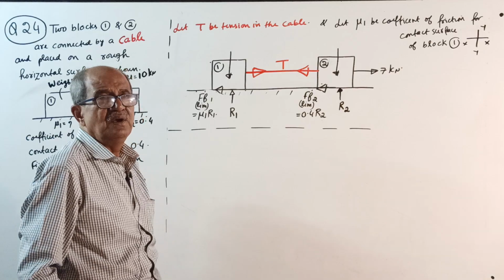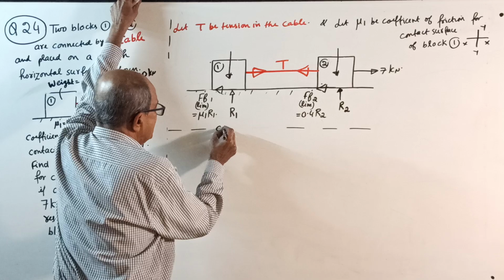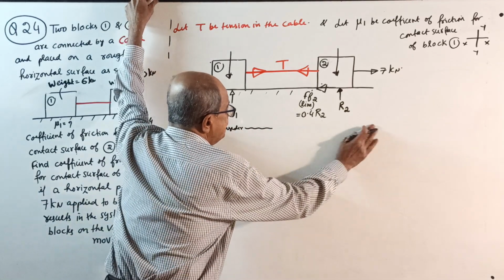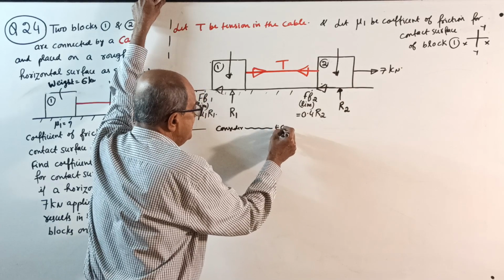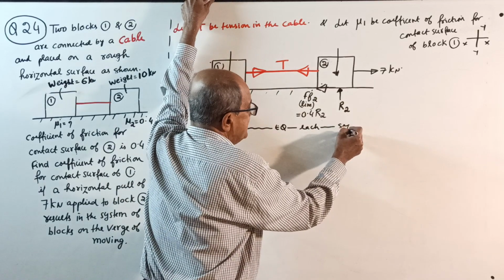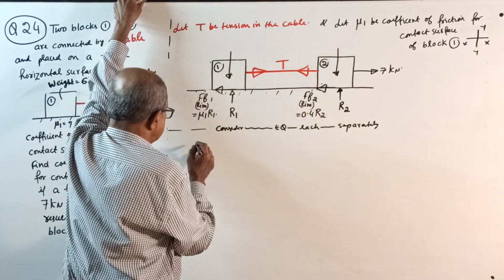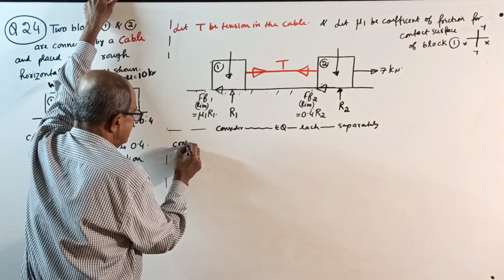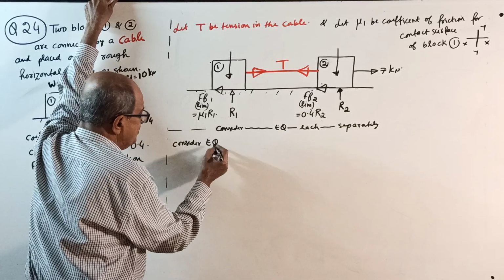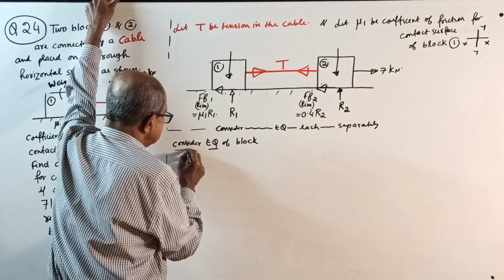Now write this statement: consider equilibrium of each block separately. I told you repeatedly earlier, separately. Right, first consider equilibrium of a block.